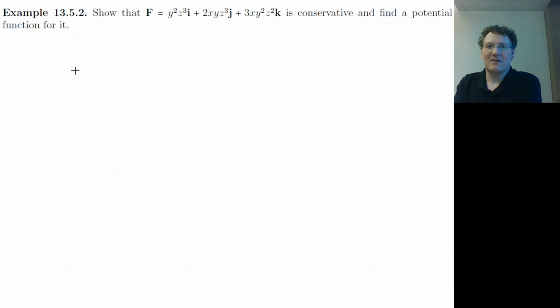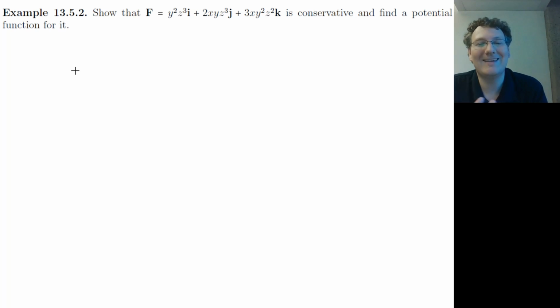So let's show that this function is conservative. You can see this is a vector field where the component functions are just polynomials. For that reason, we know that it's defined in all of R3, and the component functions have continuous first order partial derivatives.